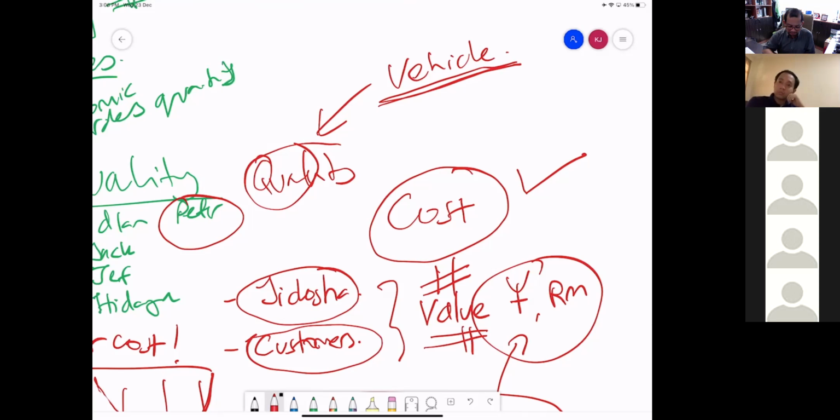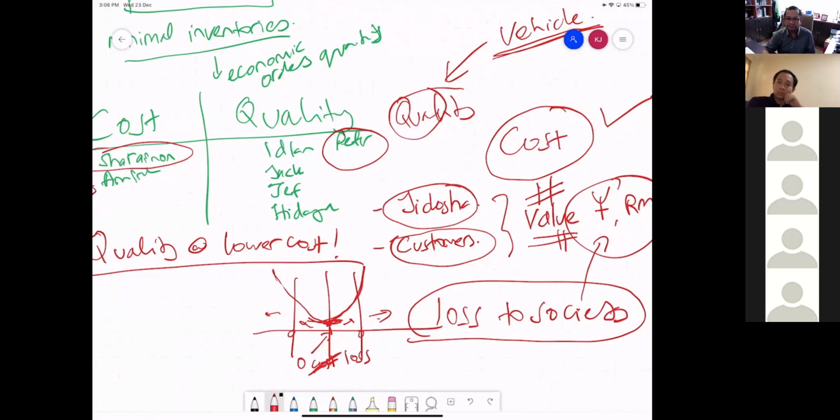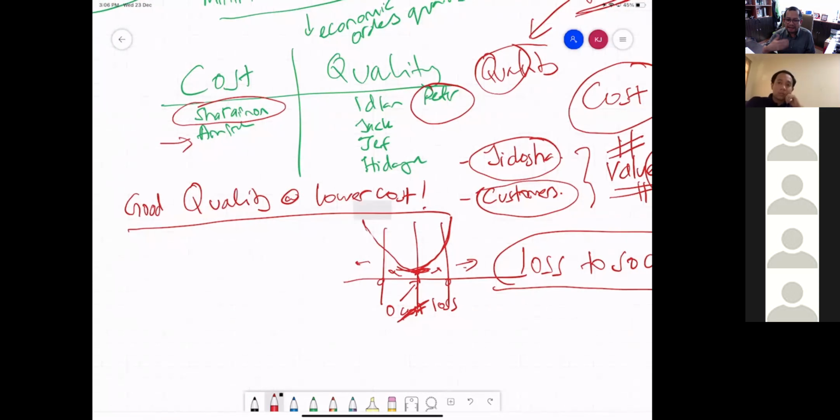So Dr. Genichi Taguchi, this is not my question actually, but Dr. Genichi Taguchi's question, and then it was passed to his son Shin Taguchi. He always asks the audience, which one is very important, cost or quality?